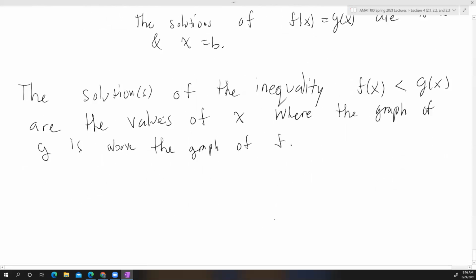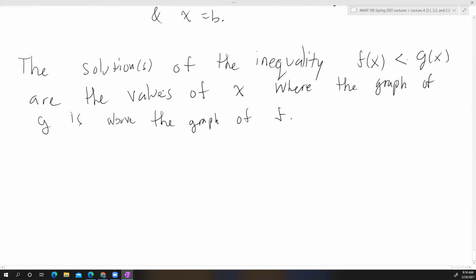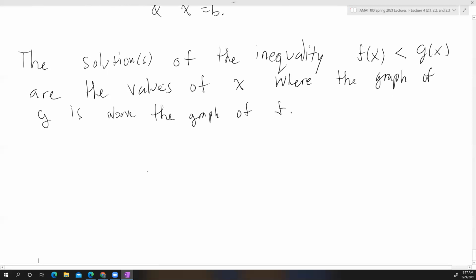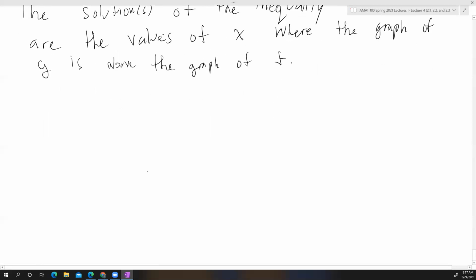And notice here, this is just a strict inequality. You can say the exact same thing for less than or equal. If you were to have a less than or equal here, it would be all the values of x where the graph of g touches or is above the graph of f. So you can easily modify the observation. These are observations really, they're not definitions.